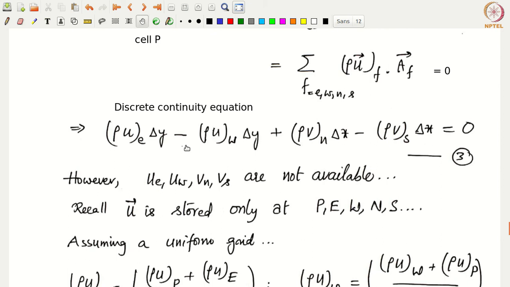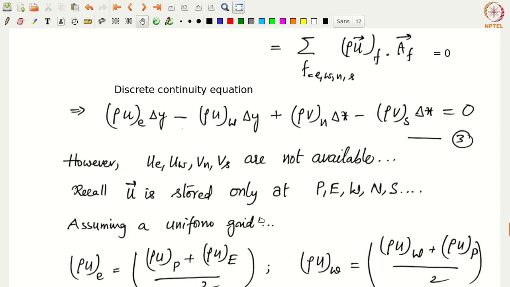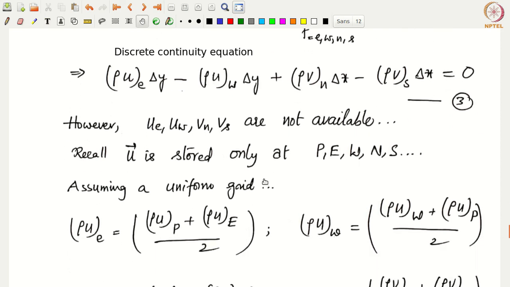We have been only storing velocities at the cell centroids. That is, velocity is only available at cell centroids P, E, W, N, and S, all capital letters. So if we assume a uniform grid for the sake of simplicity, then using linear interpolation, as density is anyway constant, we can write rho u_e as rho u_P plus rho u_E divided by 2.